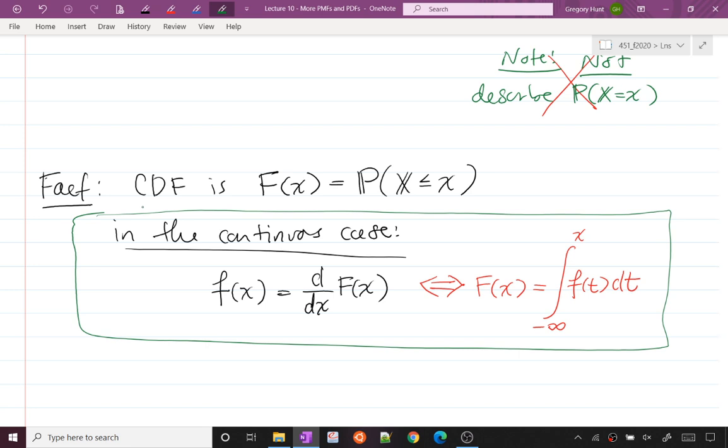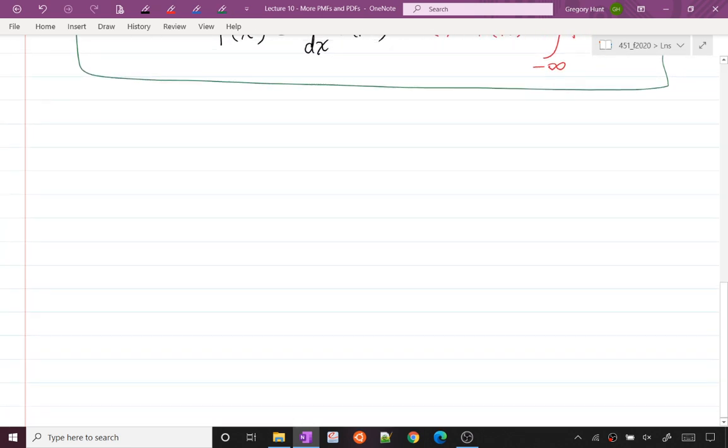We can see some of the properties that we had claimed generally are true of the CDF. In light of this relationship, they make sense. So some properties for continuous random variables.